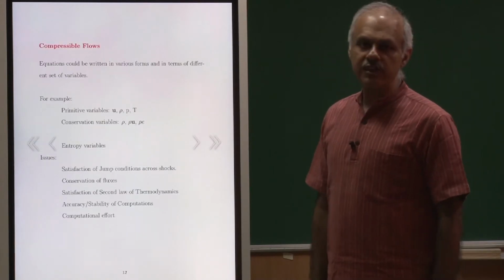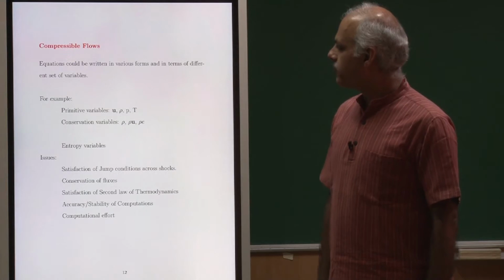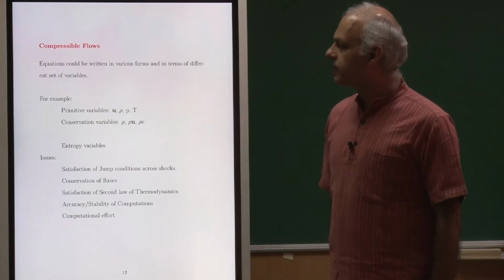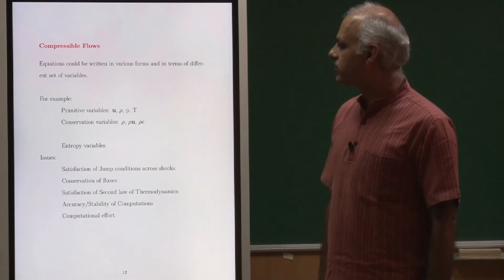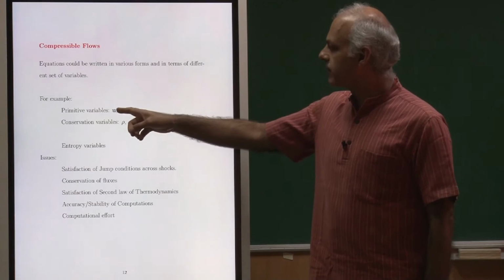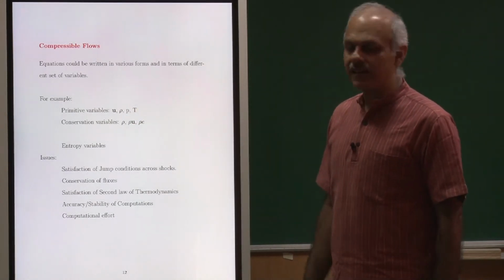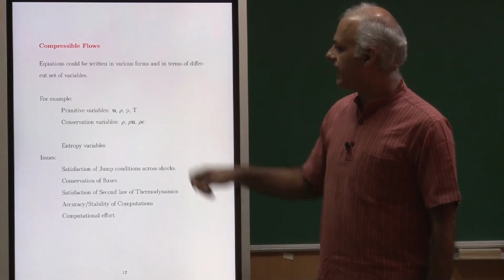I want to give you some flavor about the compressible flows. Again, as was the case with incompressible flows, we have a whole set of variables that one can use. For example, we can use the primitive variables, where one could have the velocity vector, density, pressure, and the temperature.